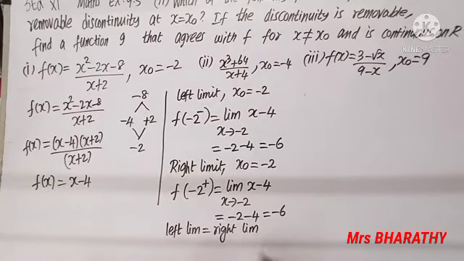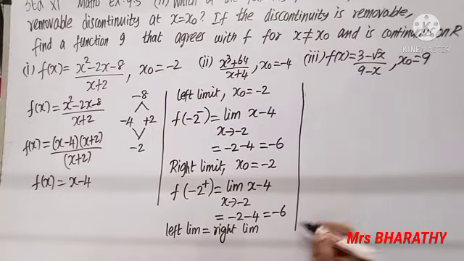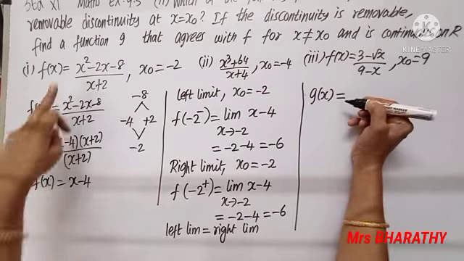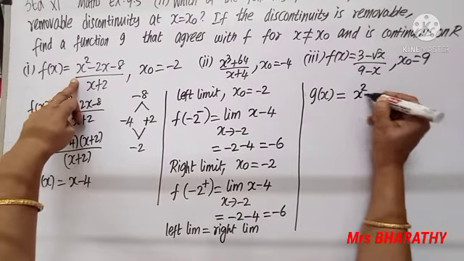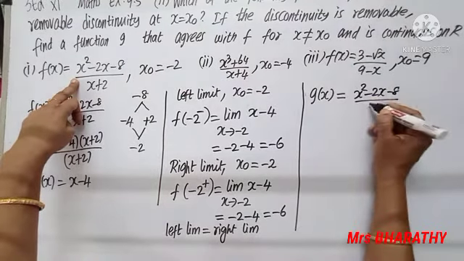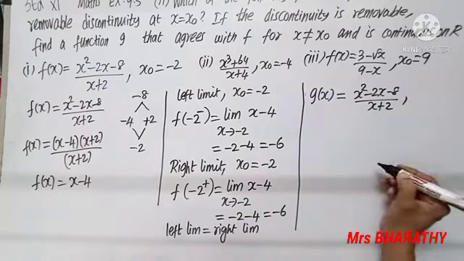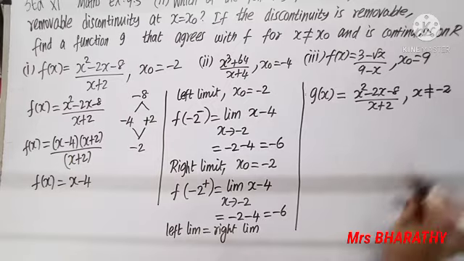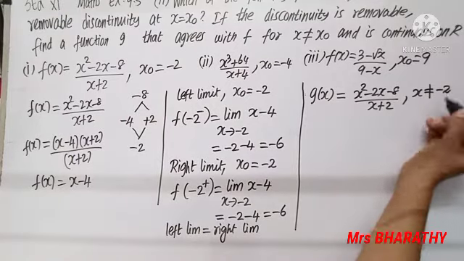And the function value we should restate as this limit value. So how are we restating? G of x equals the given function x square minus 2x minus 8 by x plus 2 whenever x is not equal to -2. Why do I say not equal to -2?